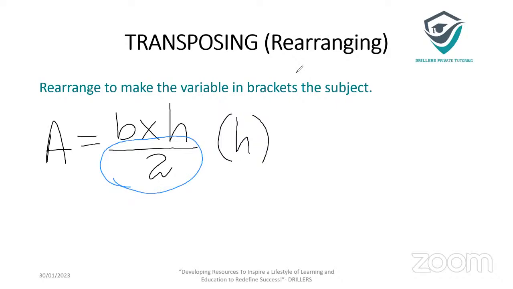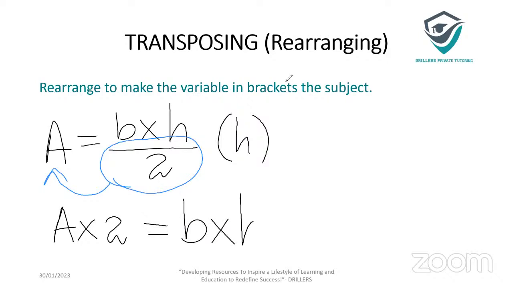So if I have divide by 2 and I'm moving it across the equation sign, then I have to do the opposite. Of course, the opposite of divide is multiply. So now I have a multiplied by 2 is equal to, so now I've gotten rid of that divide by 2, because I moved it across the equation sign, is equal to b multiplied by h.